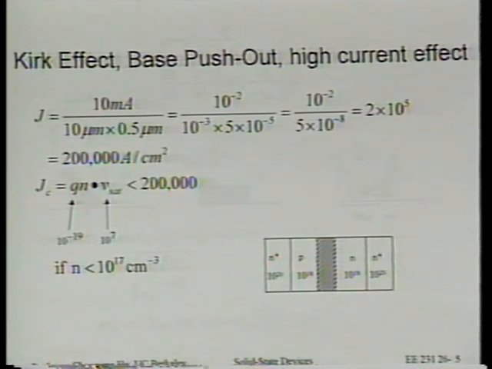Because of the Kirk effect, or because of this base push-out, the speed of the transistor drops when current increases. So we're going to describe how that happens. Just some interesting physics, even if you're not particularly curious about bipolar transistors. What determines its peak cutoff frequency is actually some interesting stuff just about the semiconductor.